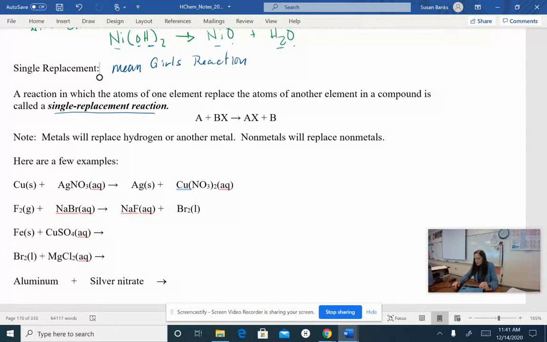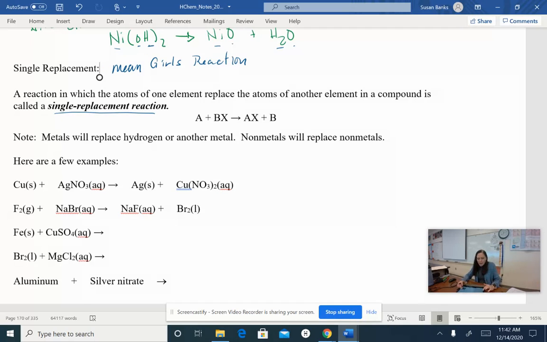At the beginning of the movie, Katie Stanton is off by herself, right? She comes in, and by the end of the movie, she has replaced Regina George as queen of the high school. So one element replaces another element in a single replacement reaction, okay?